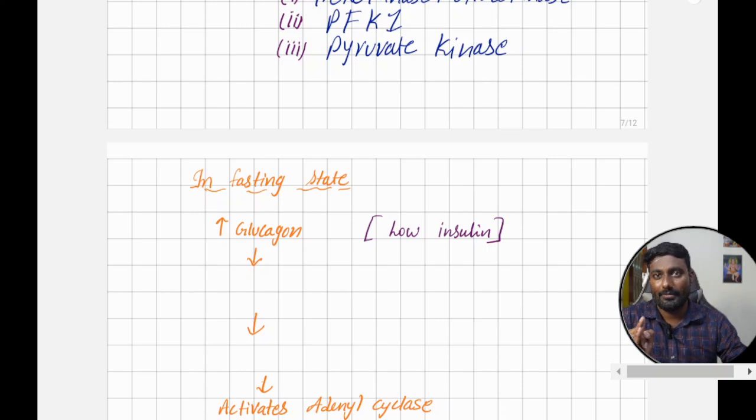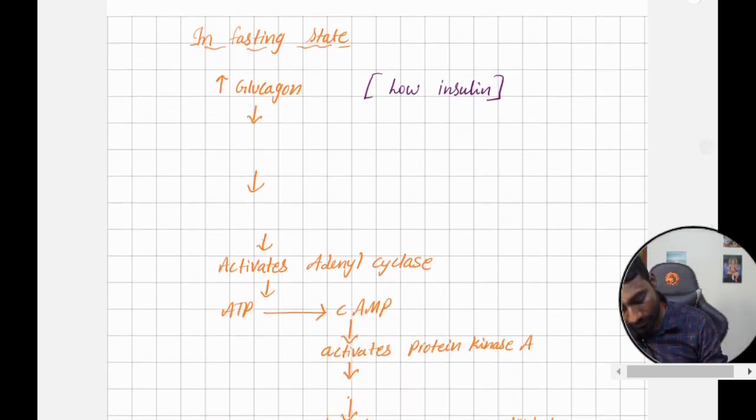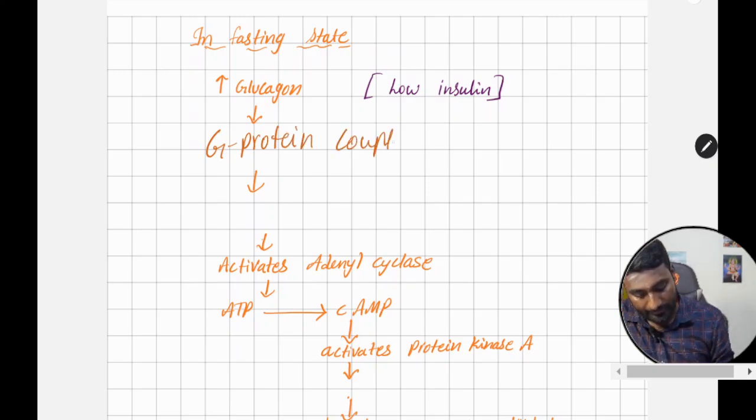If it is fasting state, what is the hormone of fasting state? Yes, it is your glucagon. What is the hormone of fed state? Yes, very good, it is your insulin. Now, how will glucagon act? Glucagon will act on G protein coupled receptors. Whenever there is increased glucagon in the body, it will act on G protein coupled receptors, the GPCRs.